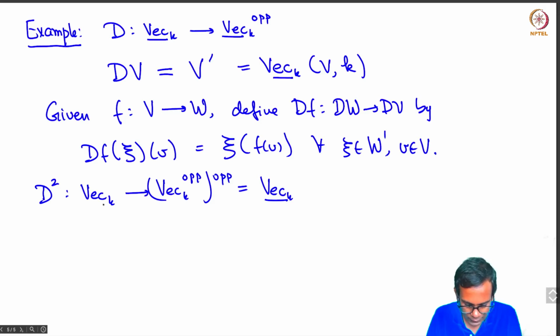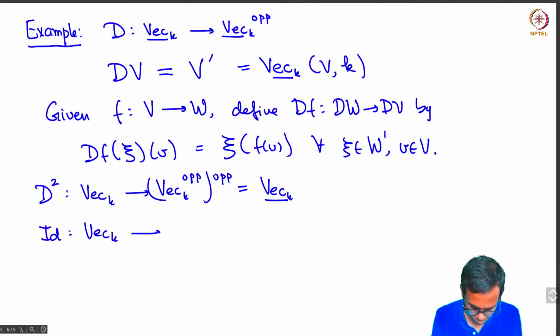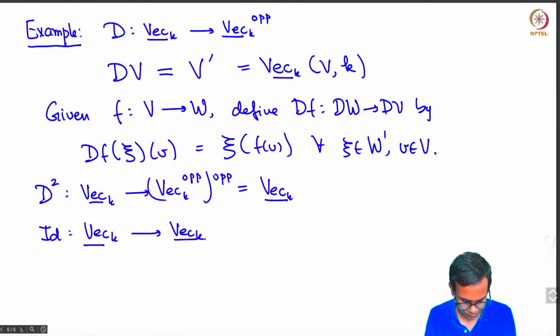So D squared is a functor from vector spaces over K to vector spaces over K, and it takes each vector space to its double dual. And now we also have the identity functor from Vec K to Vec K, and this just takes each vector space to itself. And now I'll define a natural transformation from the identity functor to the double dual functor.